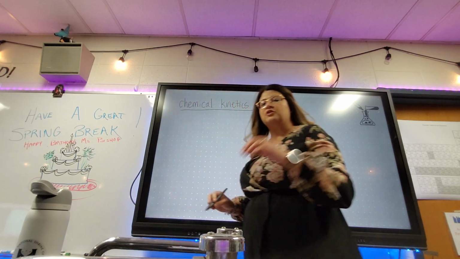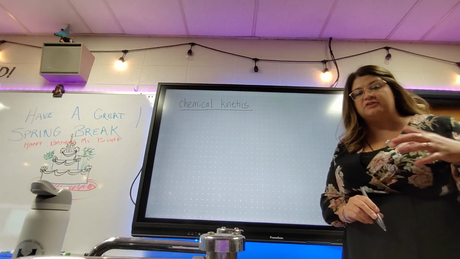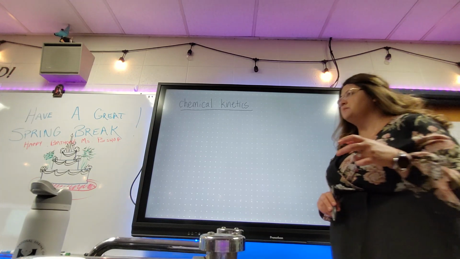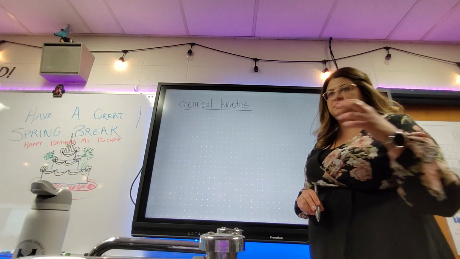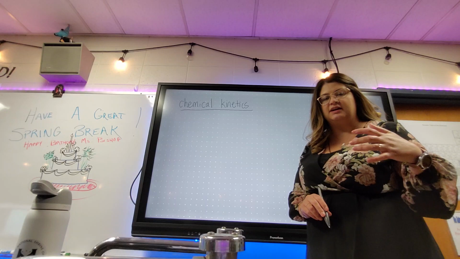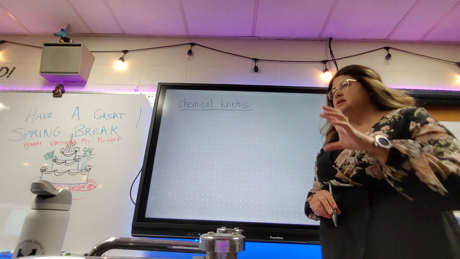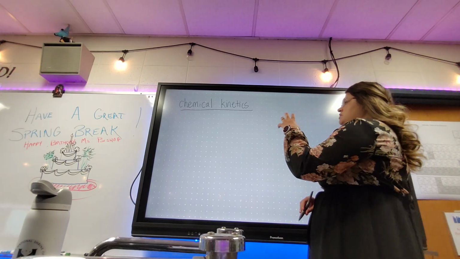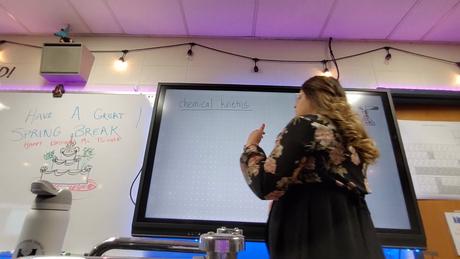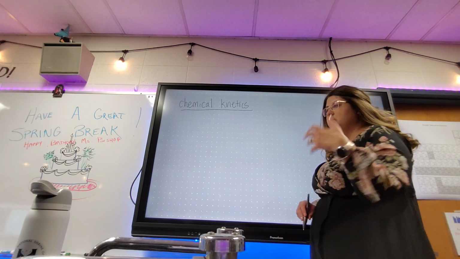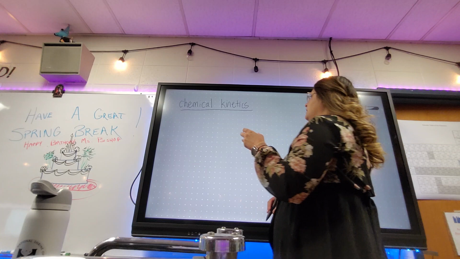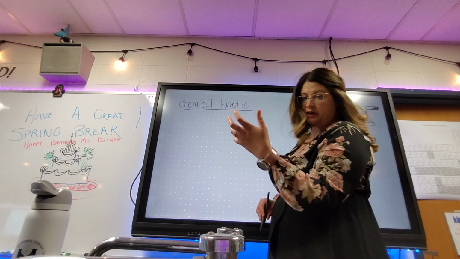Okay, so you've probably heard the word kinetics or kinetic energy in some science class before. Kinetic energy we think of as the energy of motion, whereas potential energy is the energy of position. Kinetics in chemistry is almost the same thing. It is like the energy of motion, except that we're talking about chemical equations.